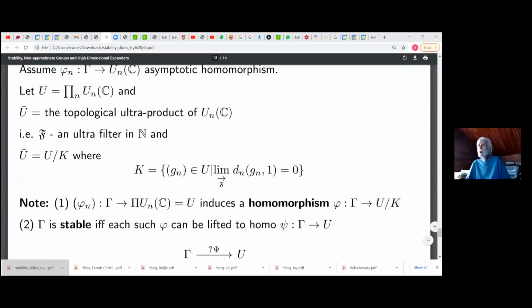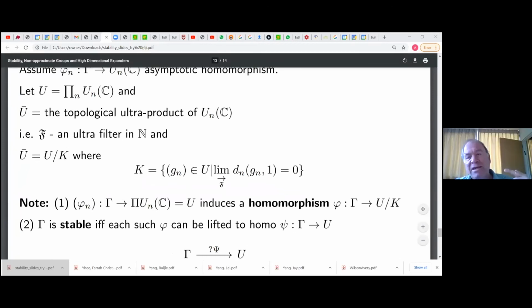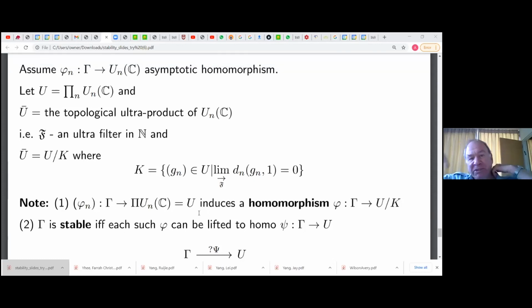But if I divide by K, what is K? K is all the sequences which are going to the identity, which means that after dividing by K, this one diagonal map from gamma to the product becomes a homomorphism.